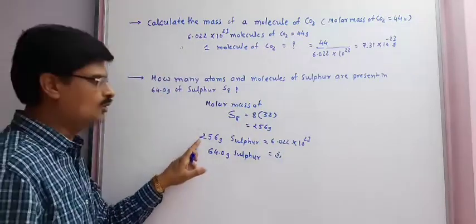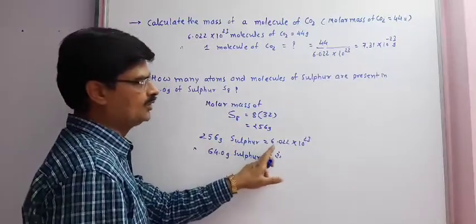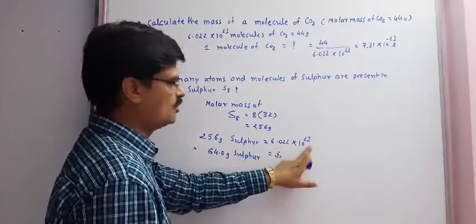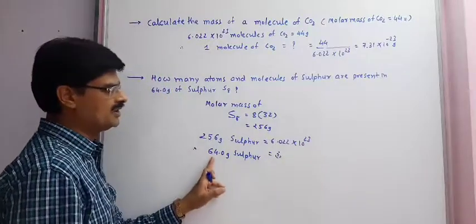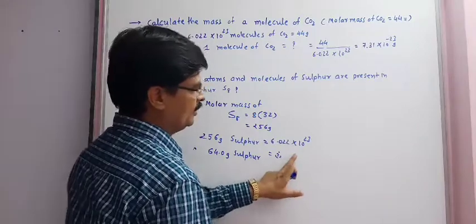Once more, 256 gram of sulfur is equal to 6.022 into 10 raised to 23. Therefore, 64.0 gram of sulfur has dash molecules.